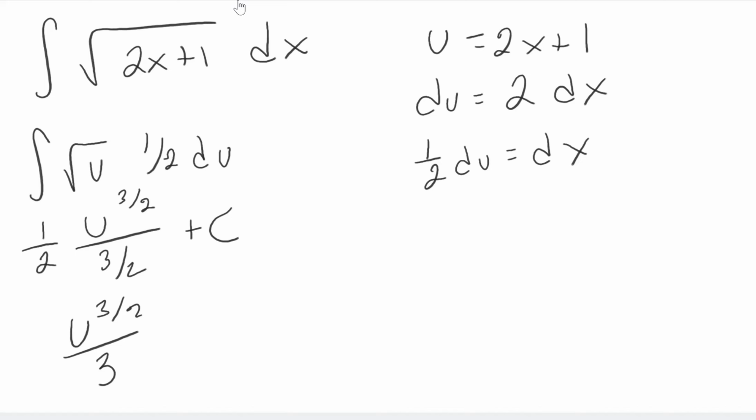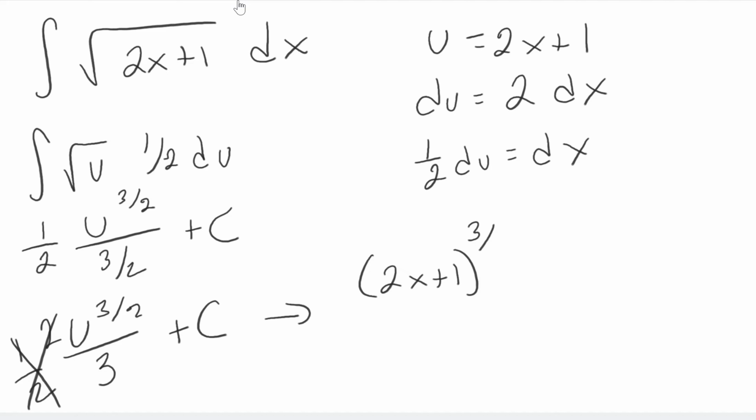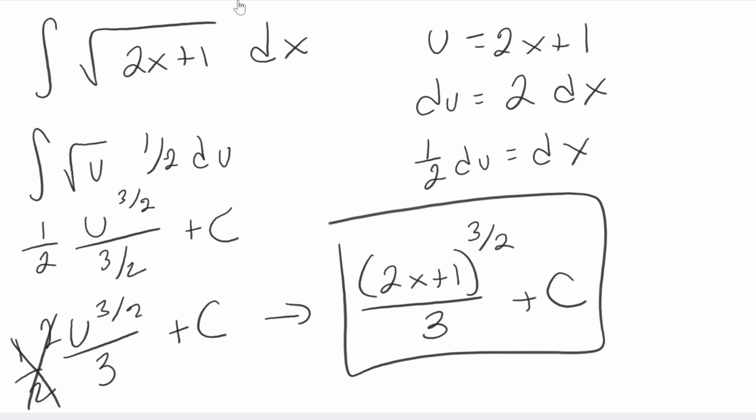How do you get that? Because I thought you put keep, change, flip. Yeah, it is times 1/2, yeah. So then I just change it back to my x. And that's my answer.